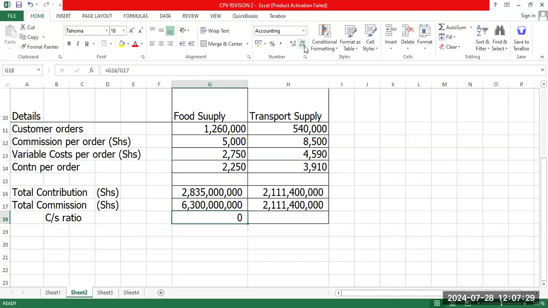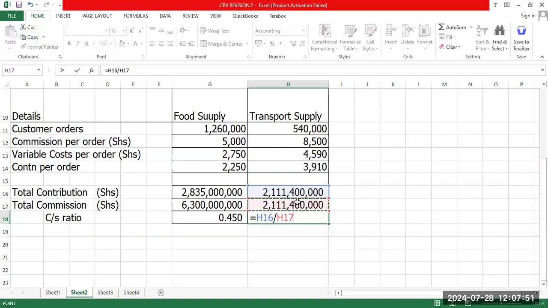We can round off to 3 decimal points to be very accurate. Then here, get this divided by this.